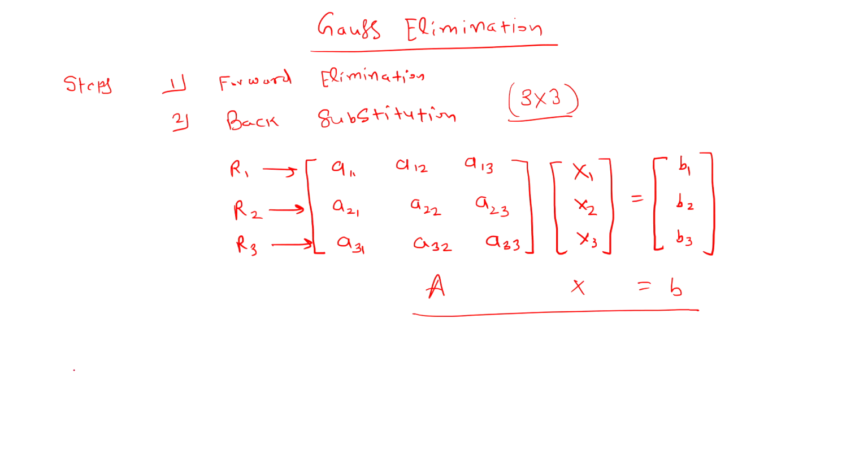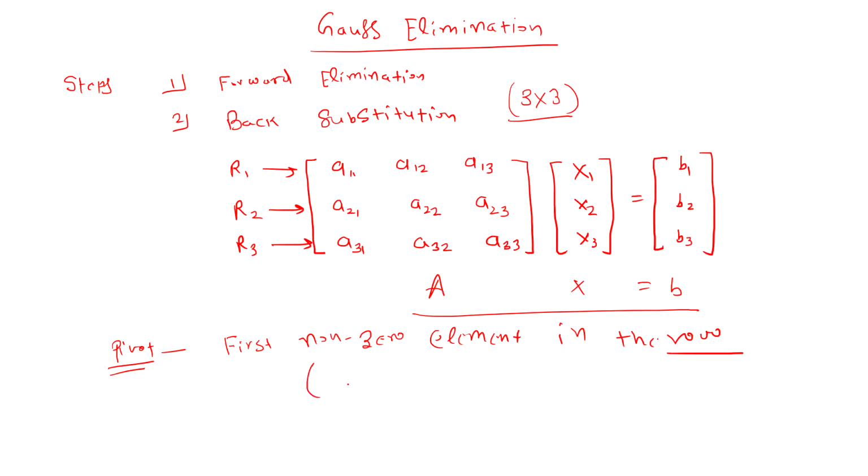So first thing is, let us talk about the pivot. We will consider the pivot as the first non-zero element in the row, and mostly we will try to select it on the diagonal.